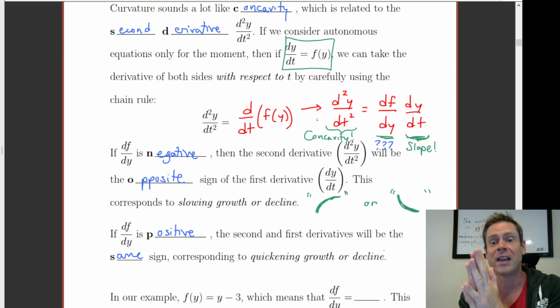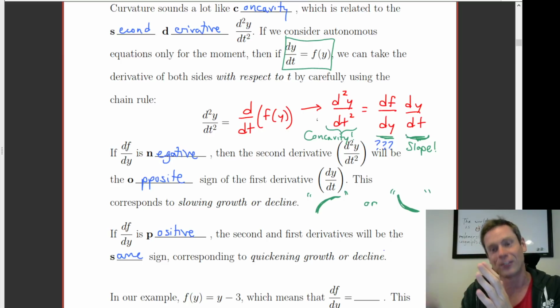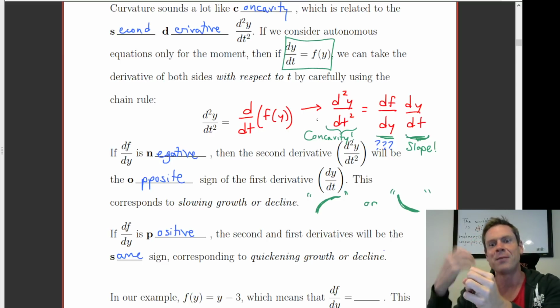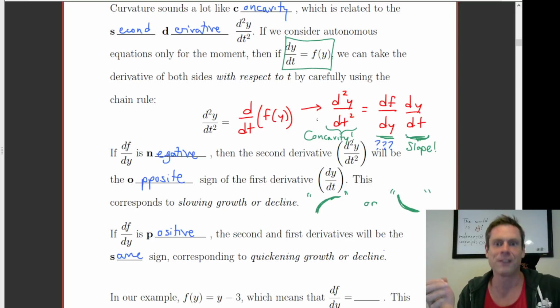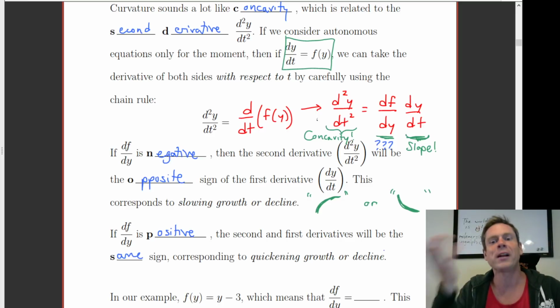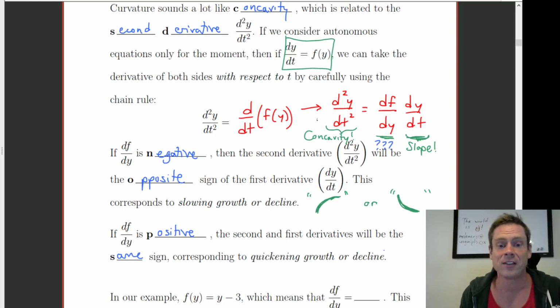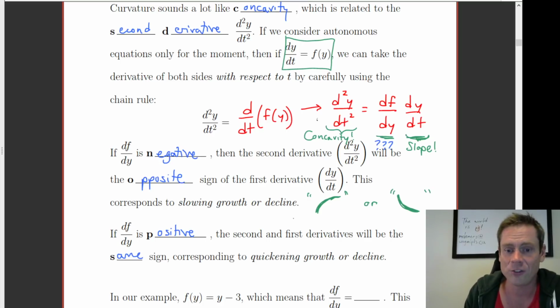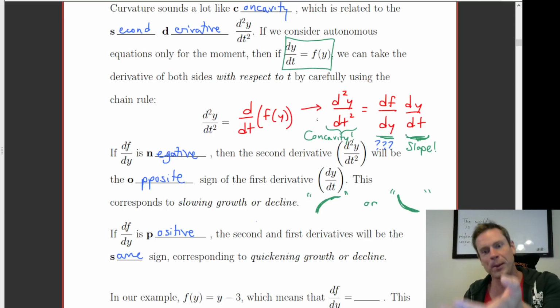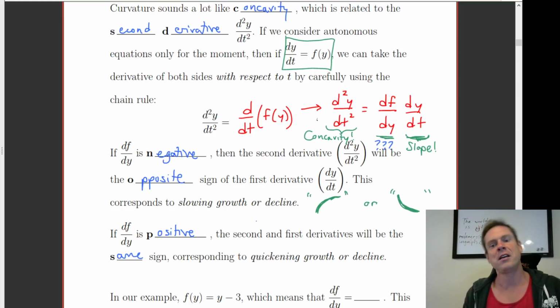If df dy is positive and the slope is negative, I get positive times negative, and I get negative for the concavity. So slope and concavity end up being the same in either case, right? So if that's true, that means if the slope is positive, so is the concavity. If the slope is negative, so is the concavity.